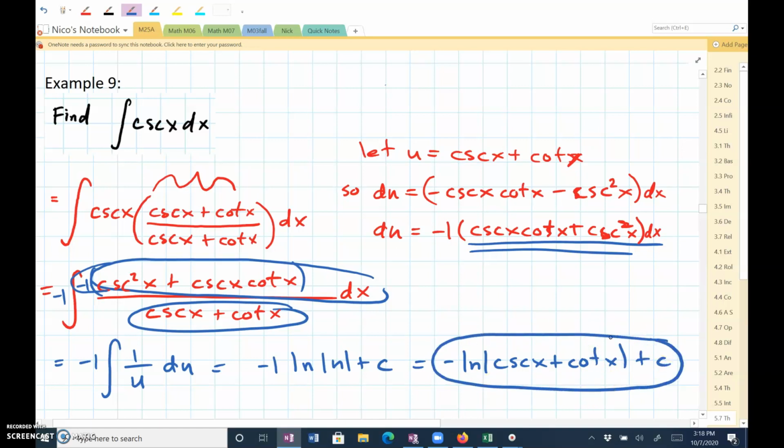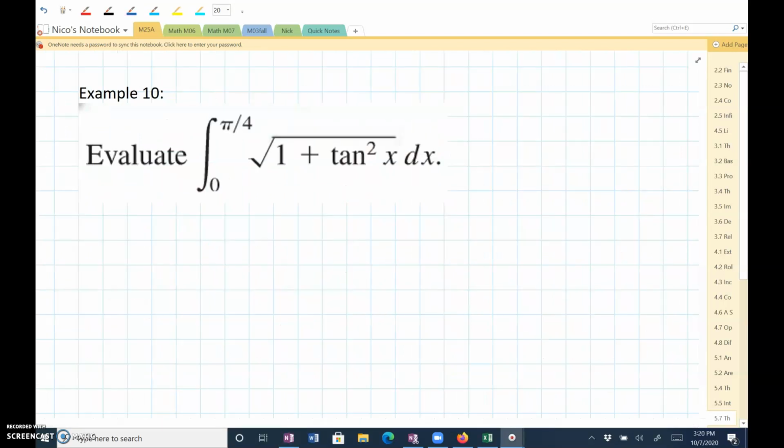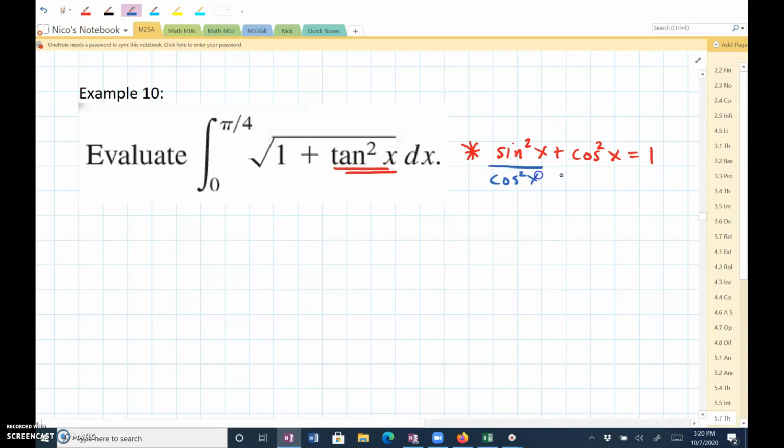All right, example 10. We have the integral from 0 to pi over 4 of the square root of 1 plus tangent squared of x dx. So for this one, I'm going to try to use a trig identity. You can get many other trig identities from the Pythagorean identity. I want the one that involves tangent squared of x. So here I'm going to divide through by cosine squared of x.